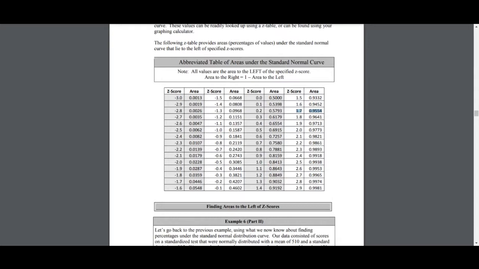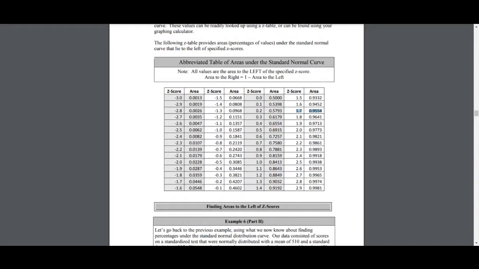So the percentage of data values to the left of that z-score would be about 95.54%. I really hope that makes sense. But again, that's in the notes, which I sent out.